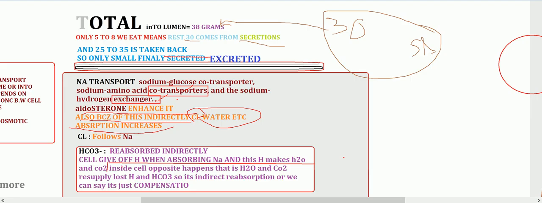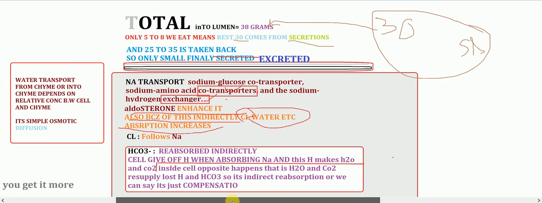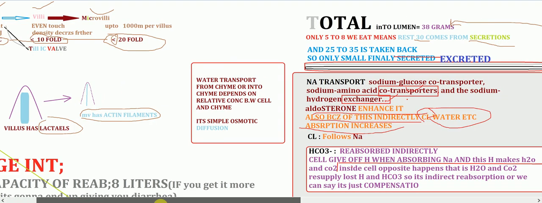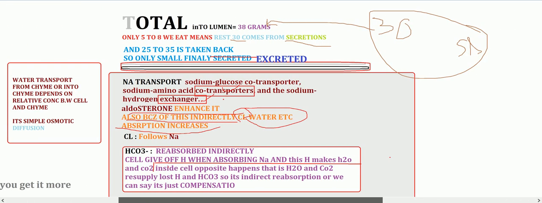It says that the cell gives off hydrogen when absorbing sodium, and this hydrogen. Okay, stop there. The cell gives off hydrogen when absorbing sodium. We already talked about it here, the hydrogen exchanger, right? So the cell gives off hydrogen when absorbing sodium.